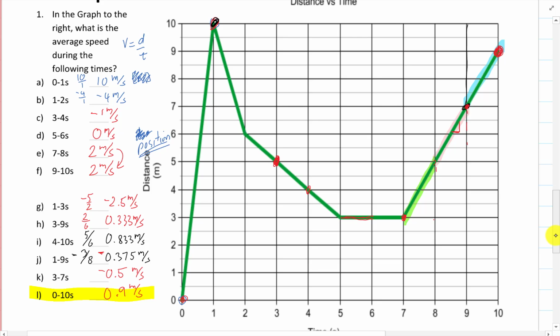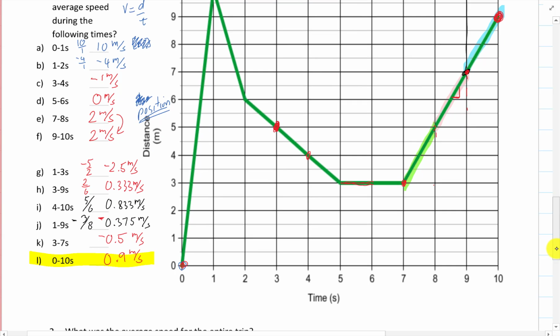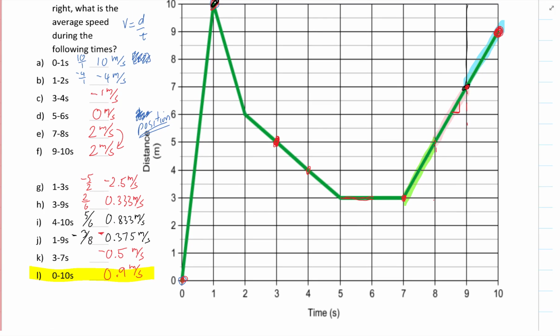Okay, during which time frames is the object stopped? Now, it is a good challenging question here. We definitely know that it stopped here because your position isn't changing. So from the time frames, you could say from 5 to 7.